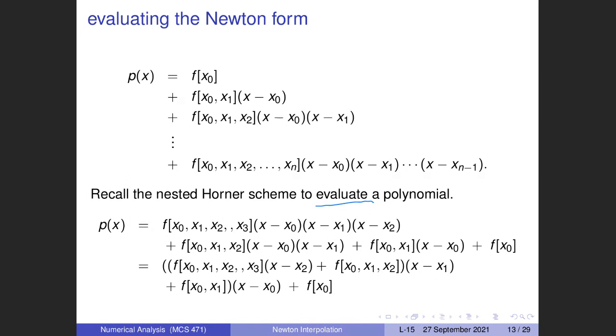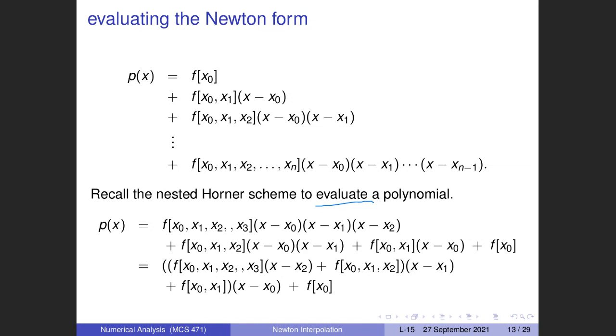If you look at it given by the Newton form, that's not a good way to evaluate the polynomial. The evaluation would not use the Newton form, but would use the nested Horner scheme. So we can save the multiplication with these differences here, and we can interlace the multiplications with the additions.